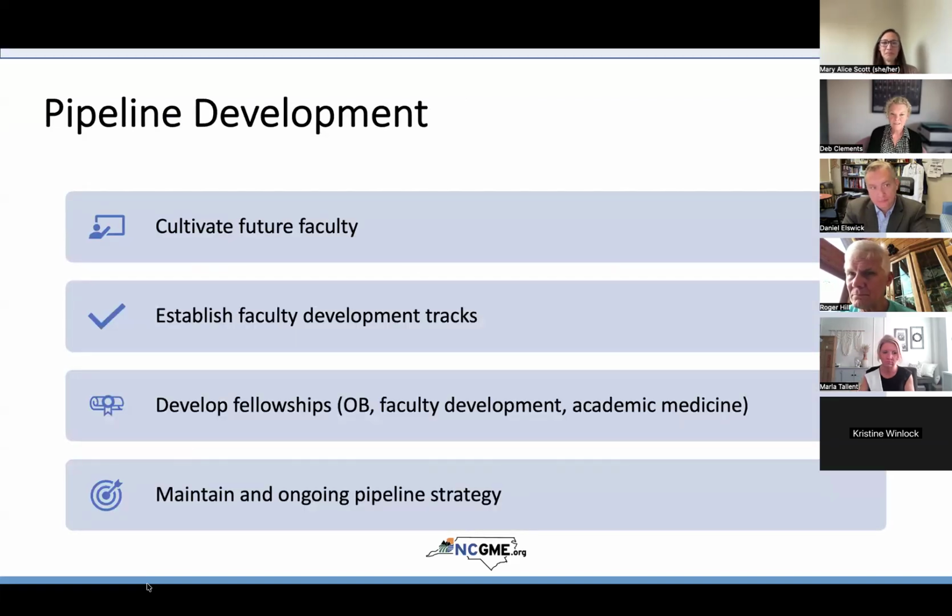So pipeline. Once you have residents, keep an eye out for who is going to be your future faculty. This is truly your best source going forward. You can think about, do you want to establish faculty development tracks? Maybe invite residents from other programs to come and participate in elective time in your faculty development track. Think about fellowships to meet those needs that you may not be meeting through your current faculty.